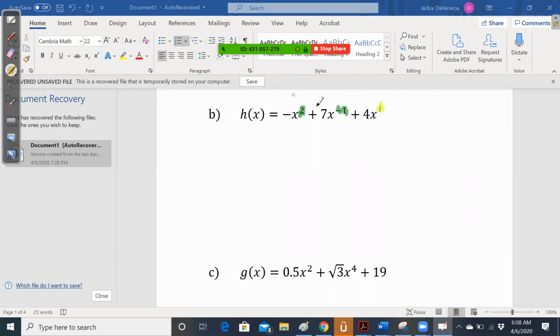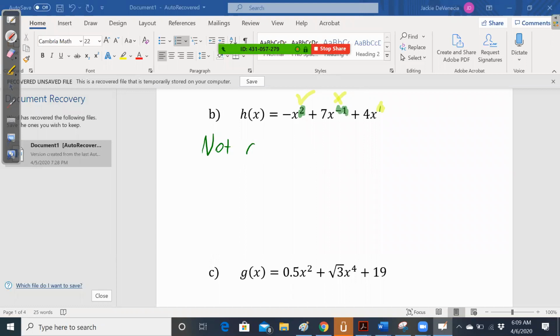So now, this 2 is bigger than 0, so we're good here. And then let's look over here, it's a -1. So -1 is less than 0. Because we have this, the whole thing won't be a polynomial.